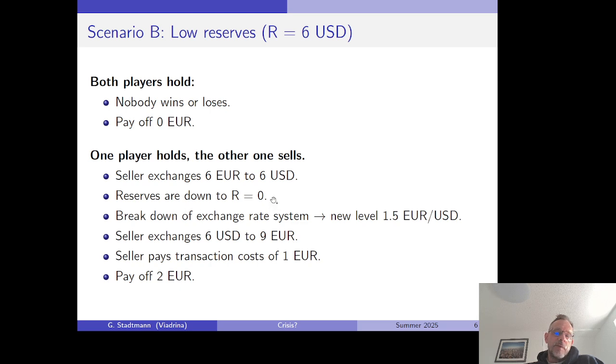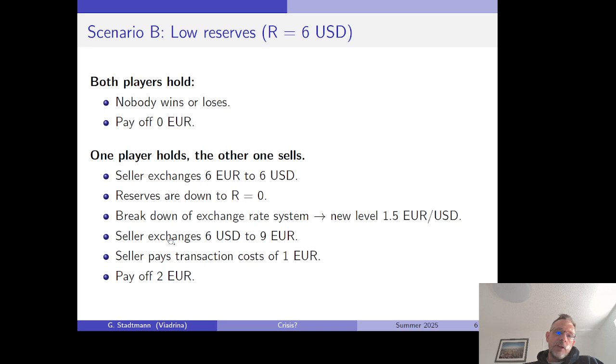The reserves of the central bank are down to zero, and therefore the fixed exchange rate system breaks down. The central bank switches from a fixed to a floating exchange rate system, and the new exchange rate level is 1.5 euros per US dollar. So a depreciation of the domestic currency, a depreciation of the euro, takes place.